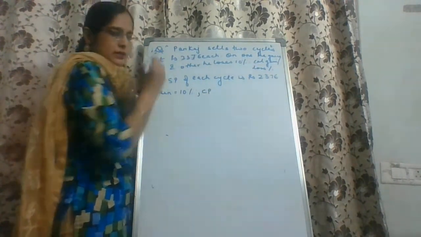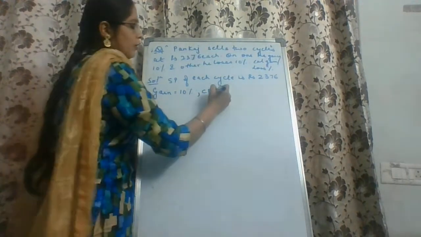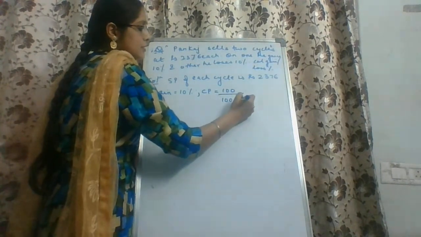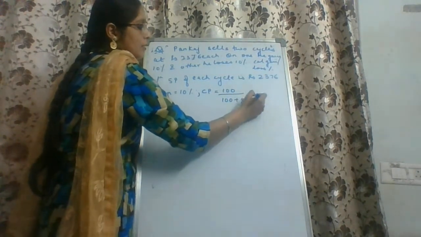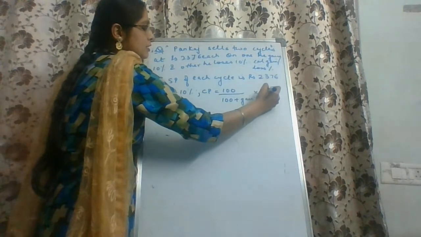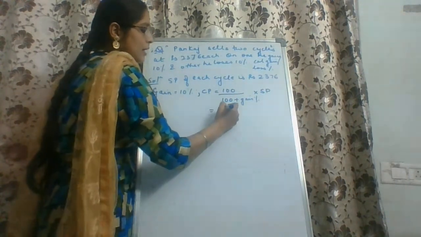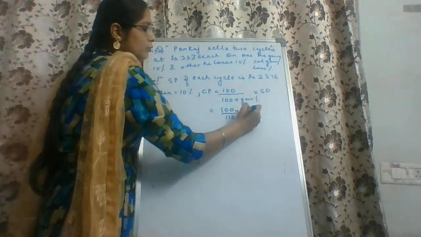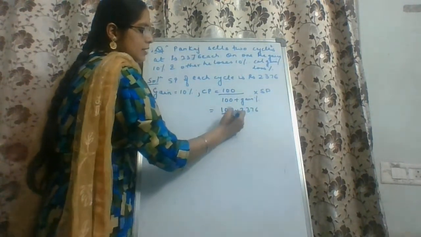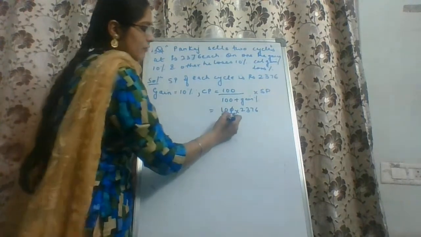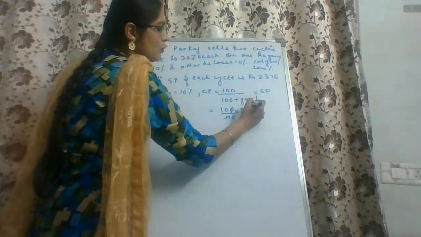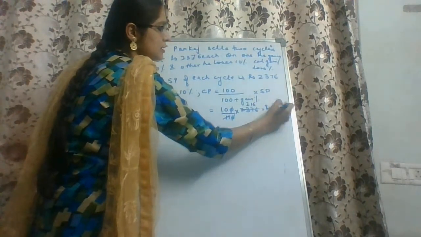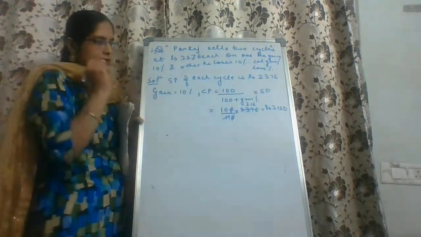The formula for cost price in case of gain is 100 upon 100 plus gain percent multiplied by selling price. This will be 100 upon 110 into 2376. This gets cancelled directly. So my answer is rupees 2160 is the cost price of the first cycle.